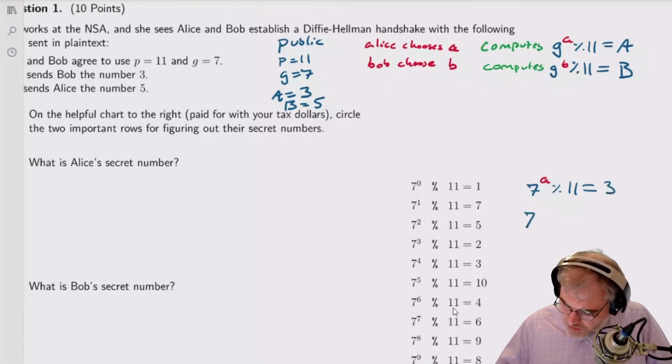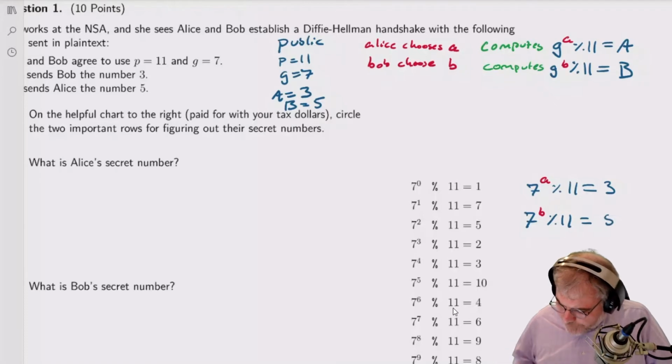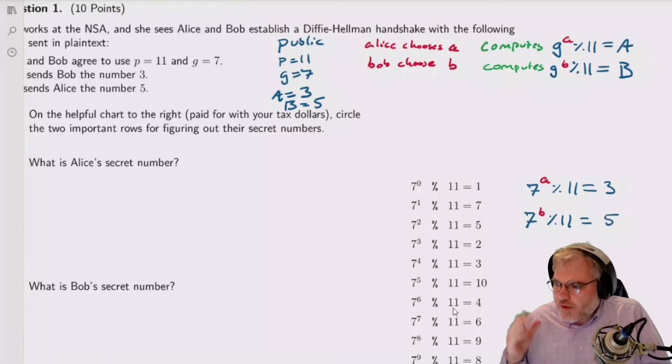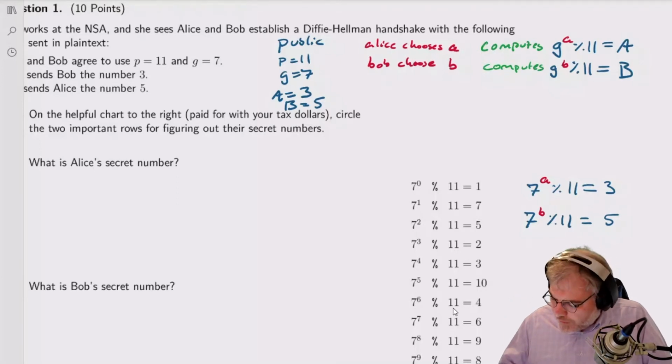And 7 to the b mod 11 equaled 5. Okay? So now the question is, how did I get those numbers?